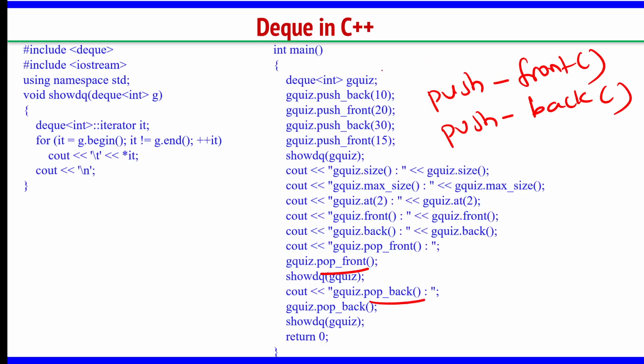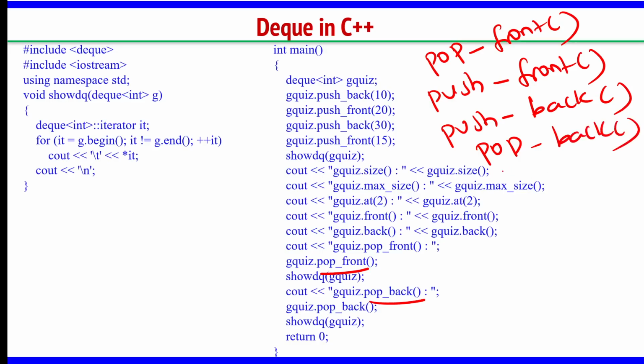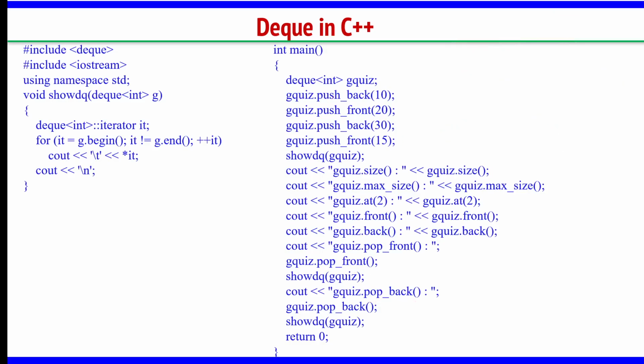Since it is a double ended queue, I can do all those 4 operations. These 4 functions we have. So, you can insert and delete at both the ends.